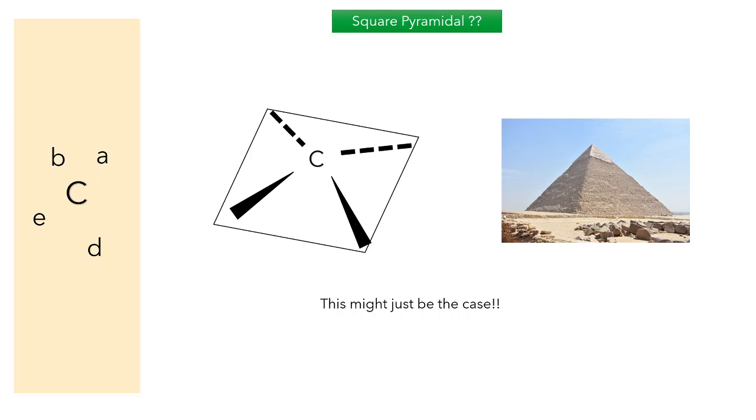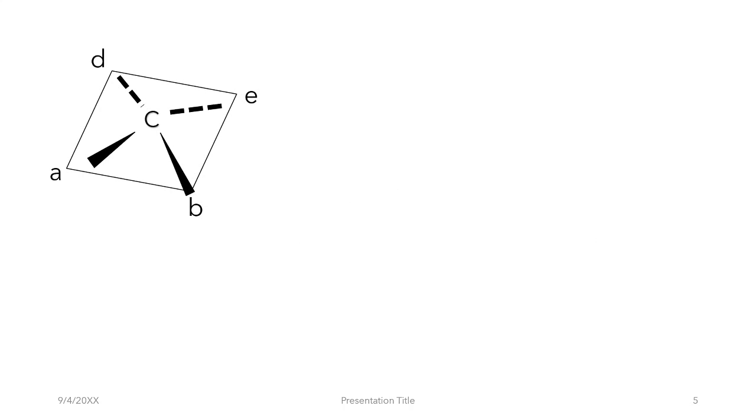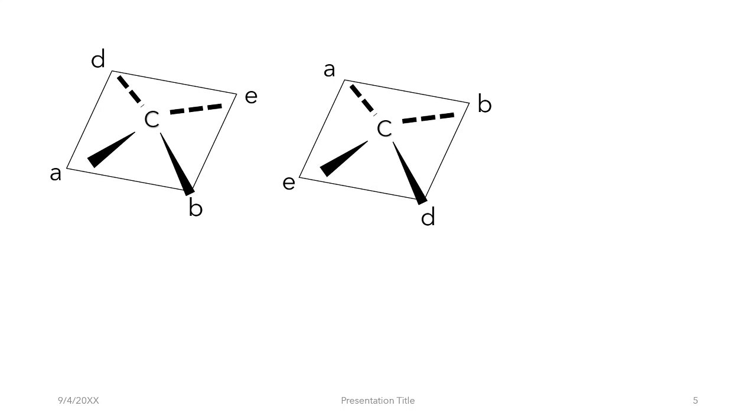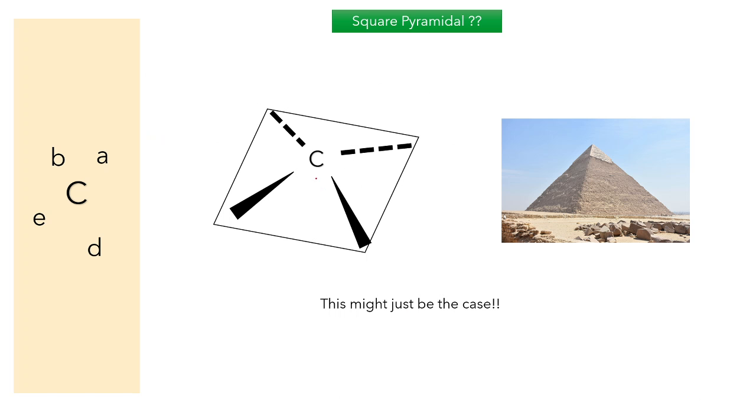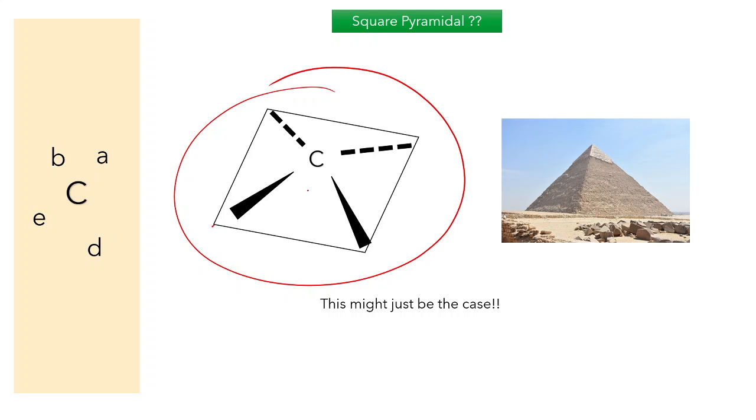So if this is the case, let's see what will happen. Then you can have many different kinds of molecules. Suppose, one more important thing, when I represent this square pyramidal shape like this, you can feel that this is the apex, this is at the top, this is the square base, right?